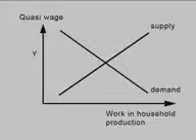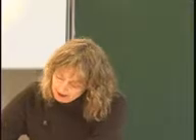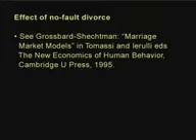What is the effect of that from a perspective of demand and supply of marriage in terms of my model? Well, as I have shown in an article that appeared in this volume called The New Economics of Human Behavior, Cambridge University Press, there I had an analysis that looks a little bit like this.